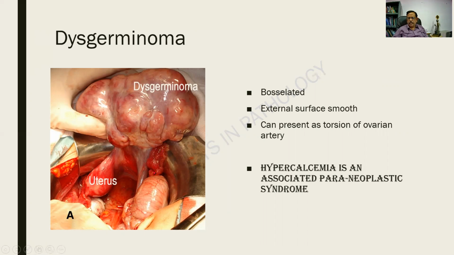And sometimes there can be a torsion of the ovarian artery so that it presents as a surgical emergency. Another reason for presentation will be hypercalcemia. So this acts as a paraneoplastic syndrome. You people will have to mention this in your answers.